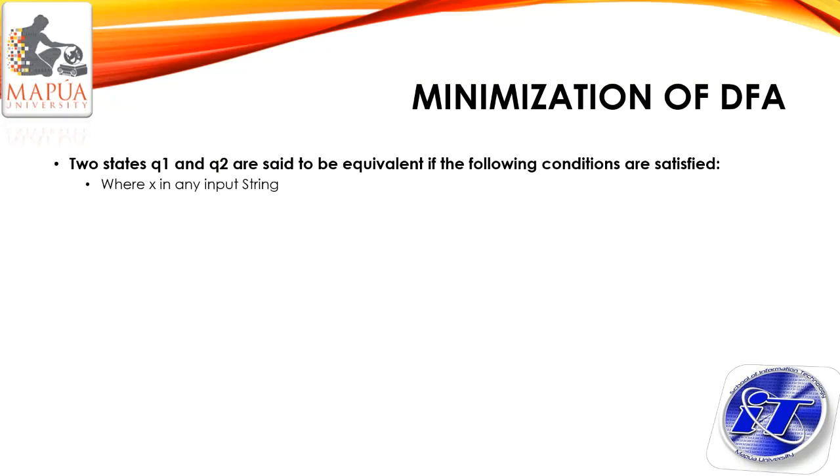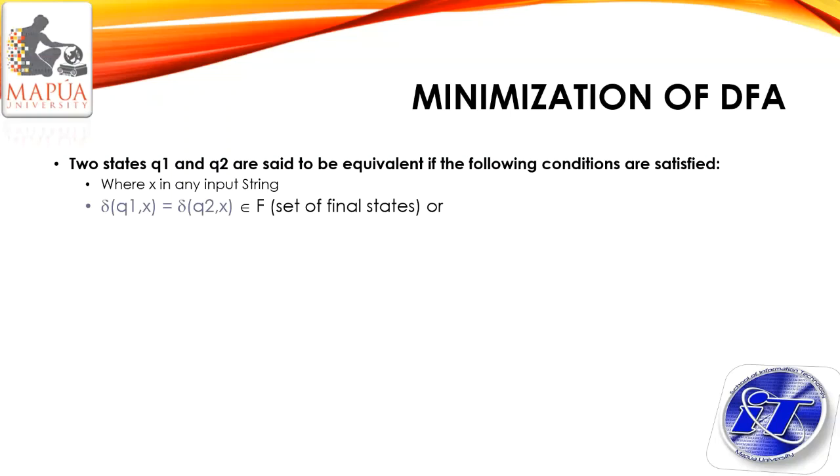So let's consider first where X is an input string, where the transition of Q1, X is equal to the transition of Q2, X. When Q1 and Q2 encounter the same input, they will go to a final state. Okay, so it means they have the same behavior, they are equivalent.